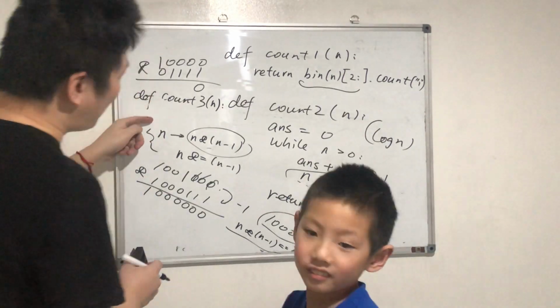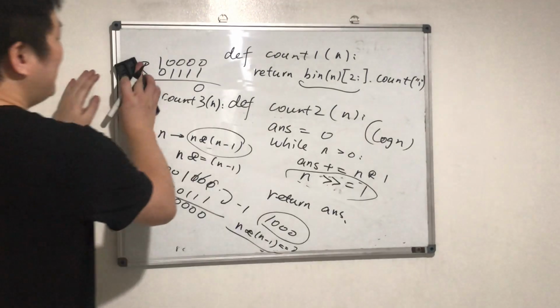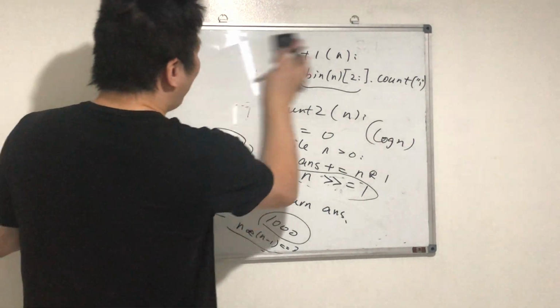Okay, so this is also O(log n), right? Now, suppose we have these functions already. Now listen carefully.